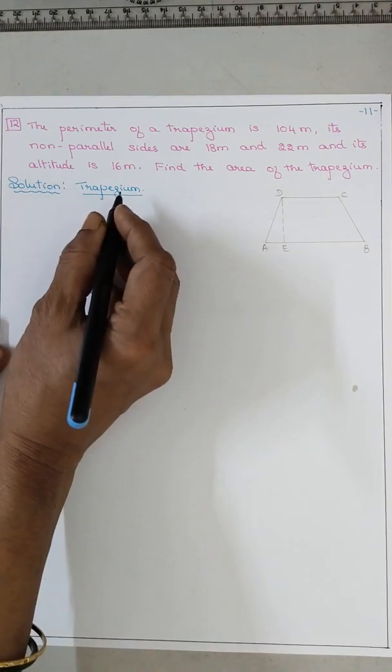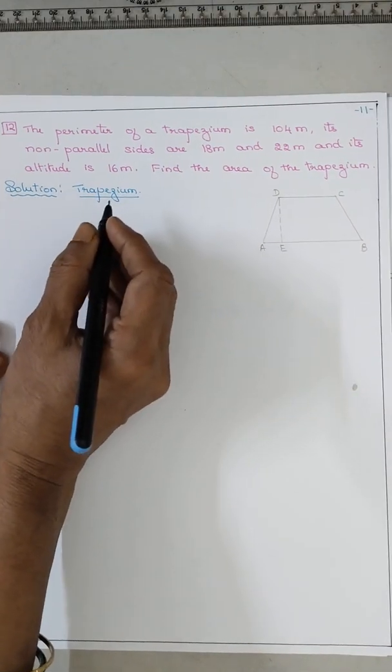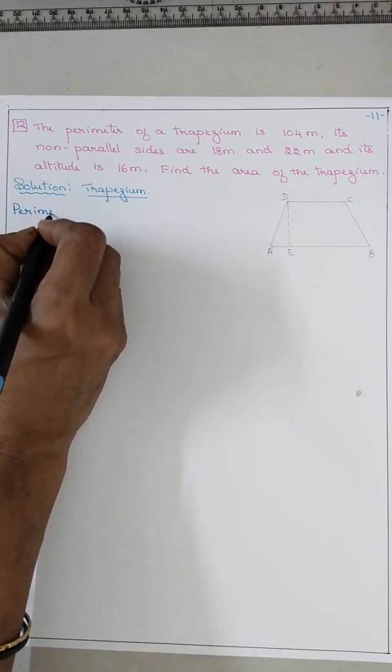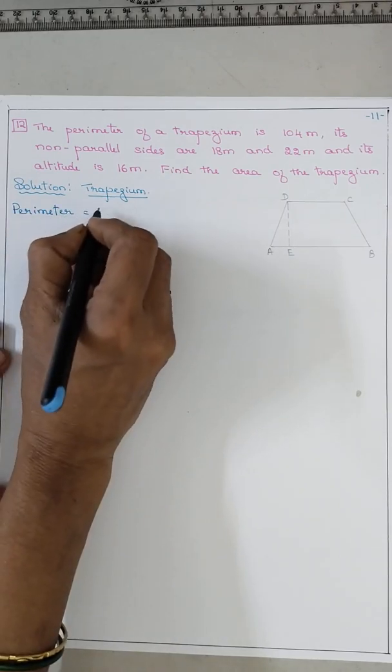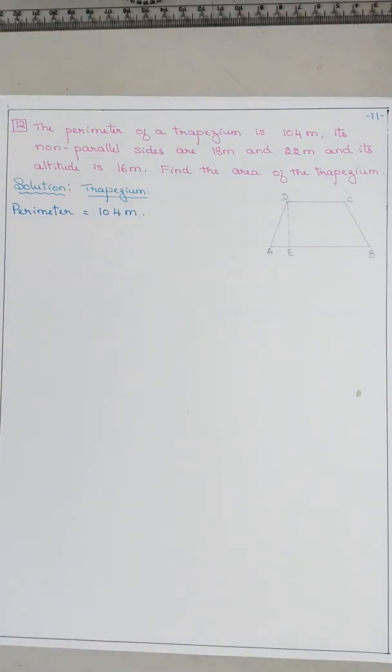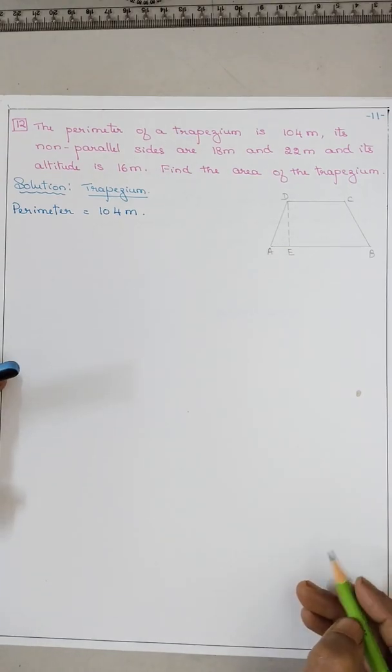So solution, the shape is trapezium. First you will write perimeter is equal to 104 meter and non-parallel sides. They didn't give the parallel sides.